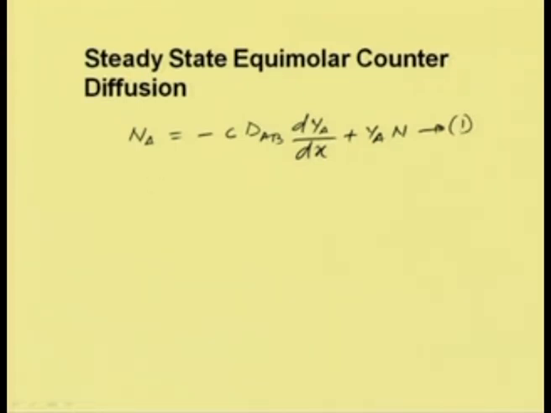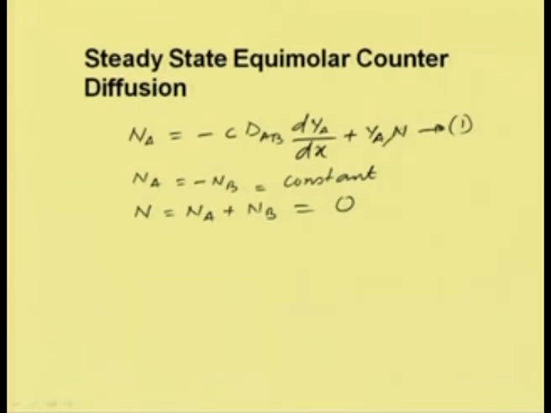For equimolar counter current diffusion, Na is equal to minus Nb and is constant. So, N, which is equal to Na plus Nb, would be equal to 0.